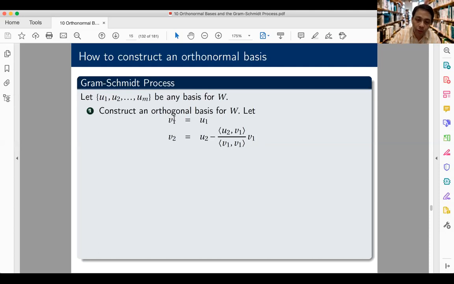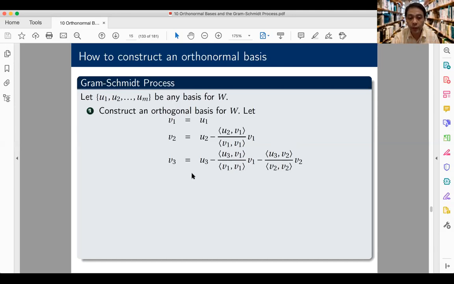And then you just continue the projection process. So here, we take the vector U3, and you get its projection on V1. And also, you get its projection on V2. And the same thing, you just subtract. And the U3 minus this equals V3 is orthogonal to both V1 and V2. Okay? And so you see that we just develop a pattern here.